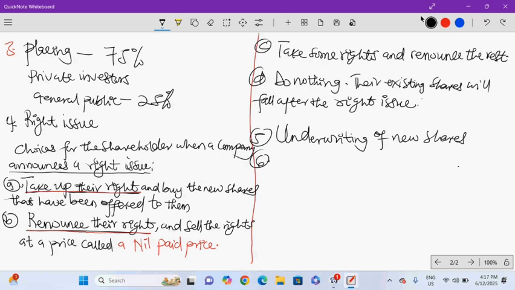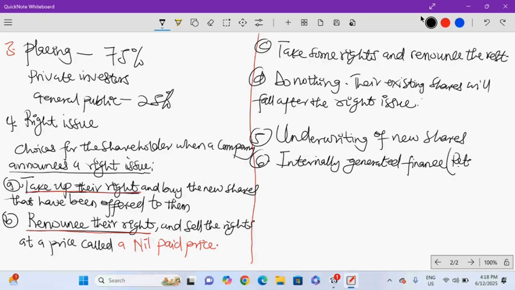Then what else? Internally generated funds. Internally, we are talking about equity, right? Internally generated funds can also be an equity form of finance.